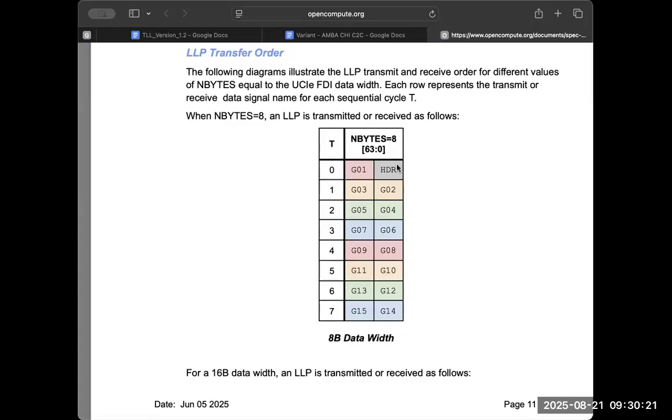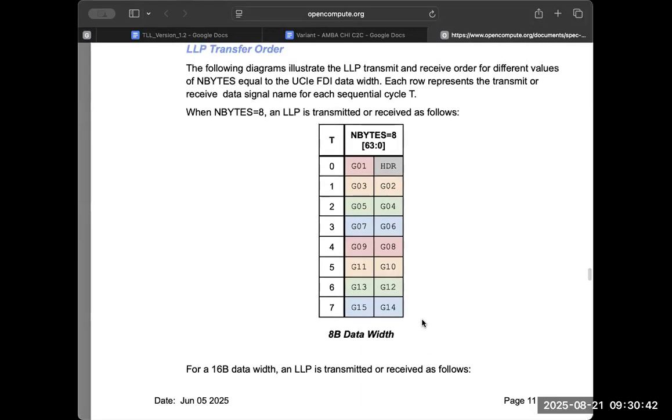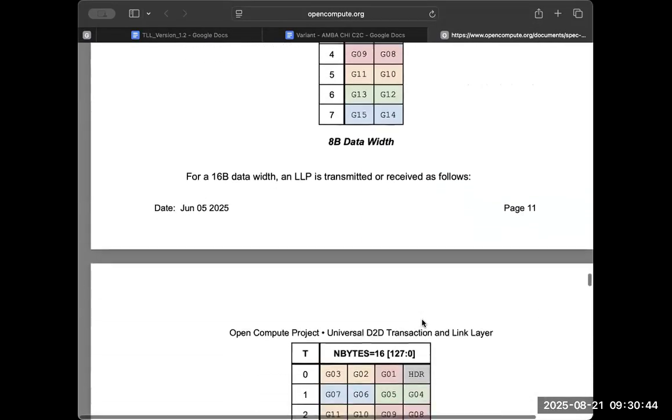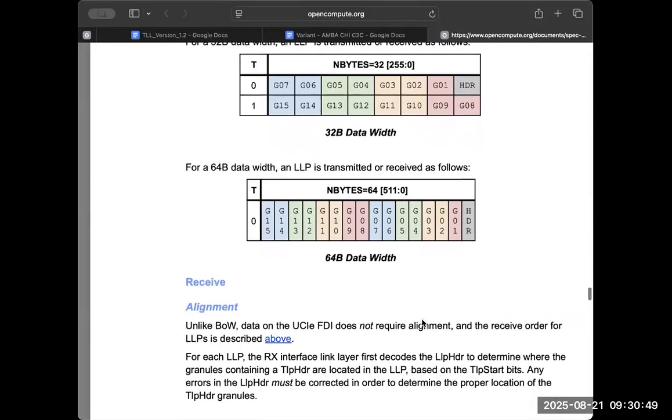I think it has to do, and David's the real expert here, with the number of bytes on the interface, you just have to make sure you adhere to these orderings. And once you do that, then UCIe will ensure that the order comes out right on the receive side. So we've got an 8-byte format, a 16-byte format, 32 and 64.